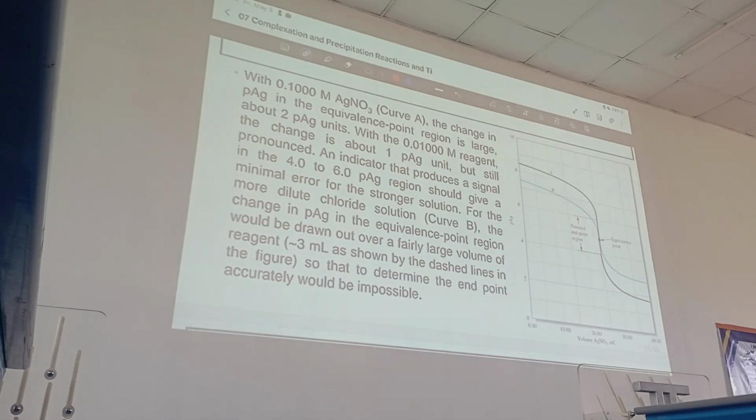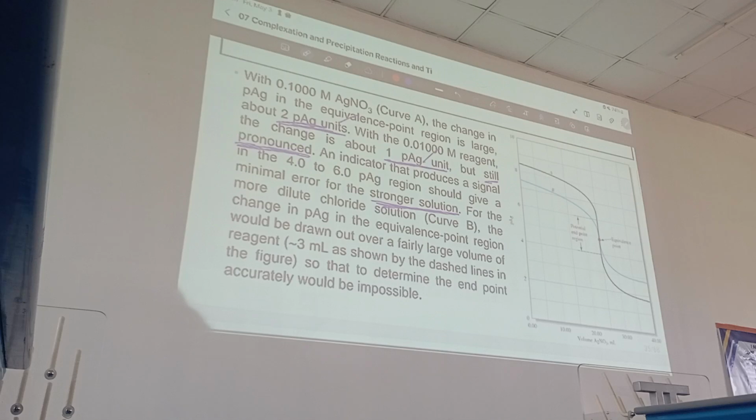With the 0.01 reagent, the change is smaller. Still, the equivalence point is pronounced. An indicator that produces a signal in a 4 to 6 pH region should give a minimal error for the stronger, concentrated solution.